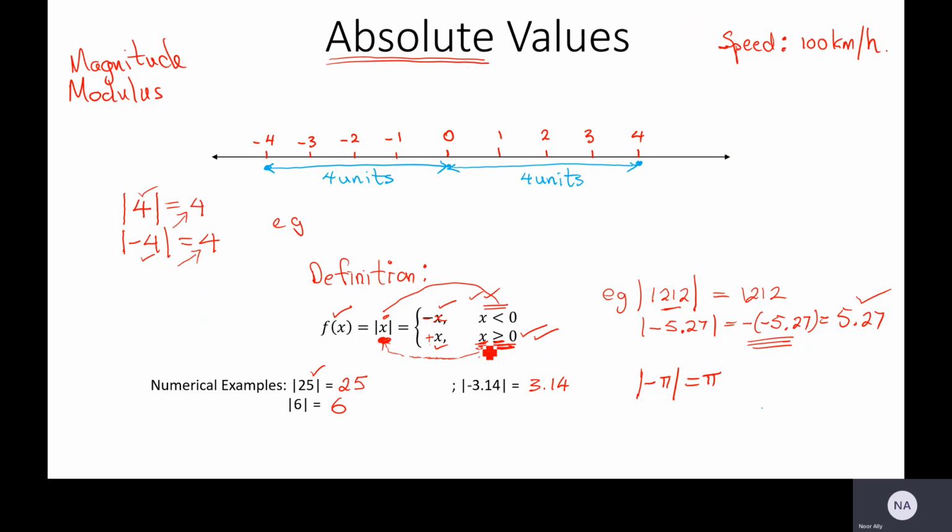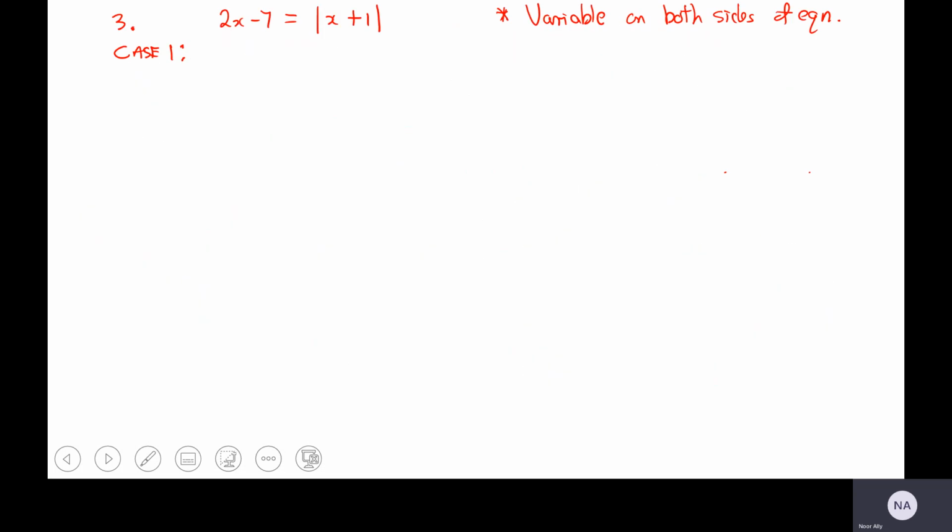The first case is the x, whatever is between the absolute value must be greater than or equal to 0. That gives you the 1 equation. Then when it's less than 0, it gives you the negative of it. So let's apply that definition. Let's see how to do it. So how do we do it?